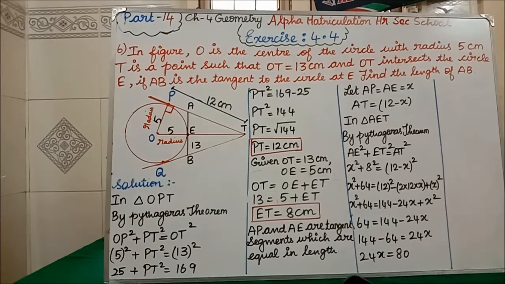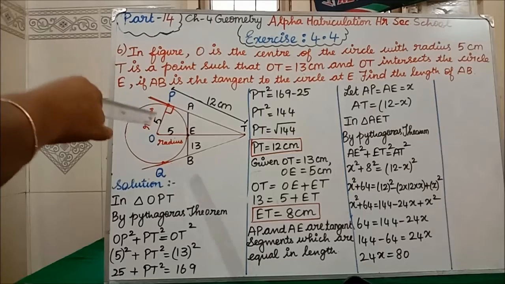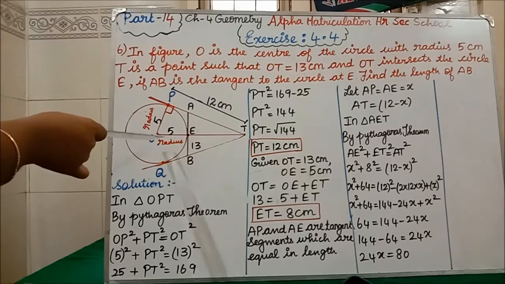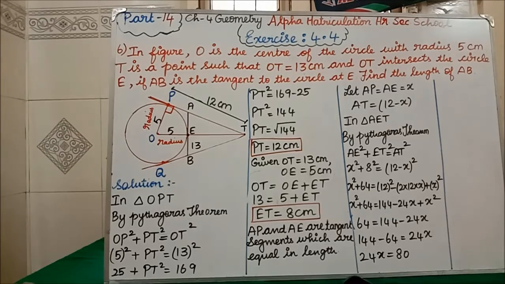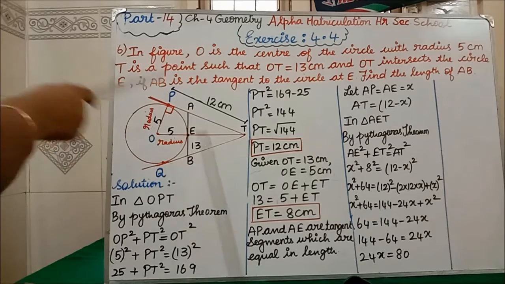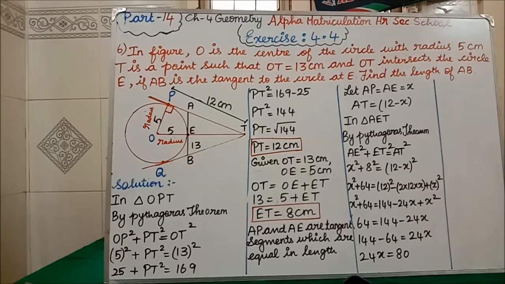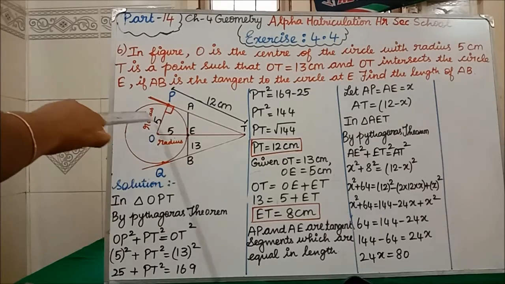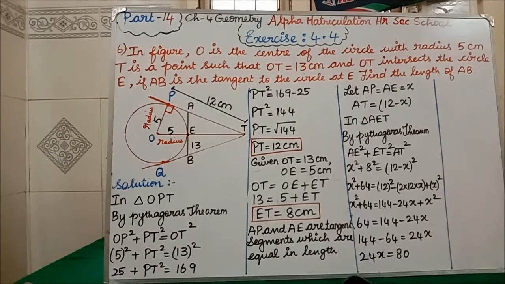I have told you, from the center, if you draw any line to the circle, it is a radius. See, from O to P is one radius and O to E is another radius. If this side is 5 centimeter, then this side will also be 5 centimeter. So I have written both sides as 5 centimeter.